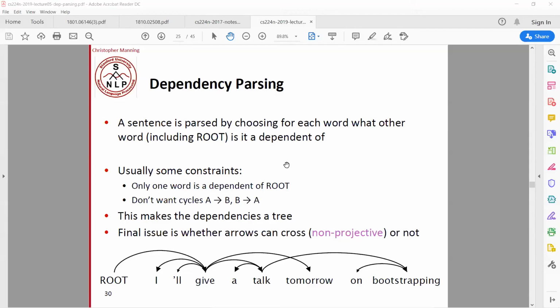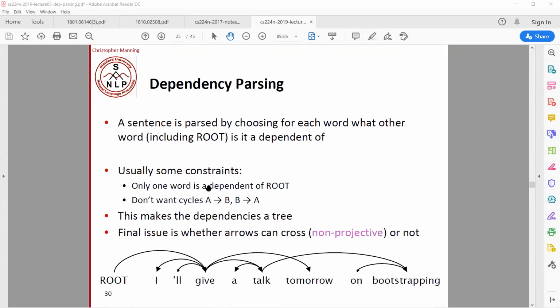So here's another dependency tree. Here's where they put the root in front, and the root points directly to the verb, which is at the head. And then here are all the dependents from the verb. So this is a tree, and it's parsed by choosing for each word what other word it is a dependent of.